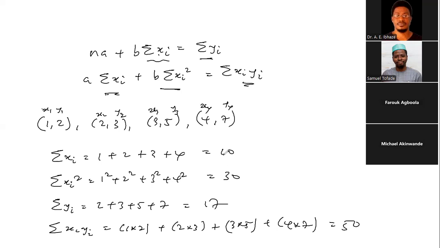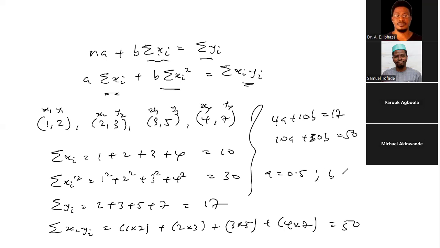So what we now have to do is plug all of these in. Once we do that, we are going to have 4a plus 10b equal to 17, and 10a plus 30b equal to 50. So we can solve the simultaneous equations. a is 0.5, and b is 1.5. Boom, we are there.